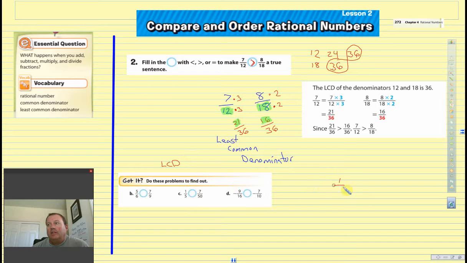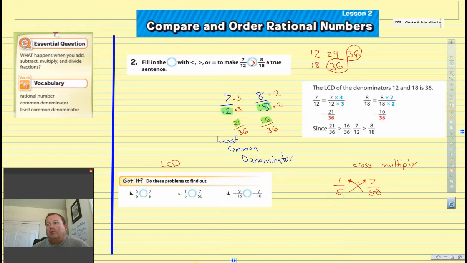Let's just say I have 1/5, and I'm trying to compare these two, and then I have, say, 7/50. I want to know which one's greater. If I do a little bit of cross multiplication, what do I mean by that?